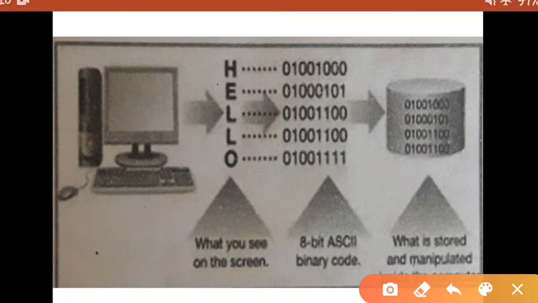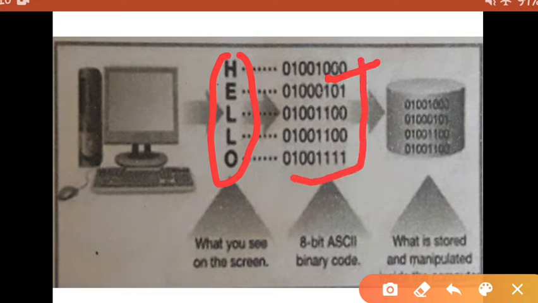You can see here H is converted into 0 1 0 0 1 0 0 0. So the computer converts hello into these digits, right?